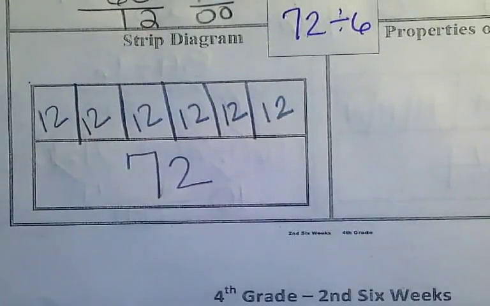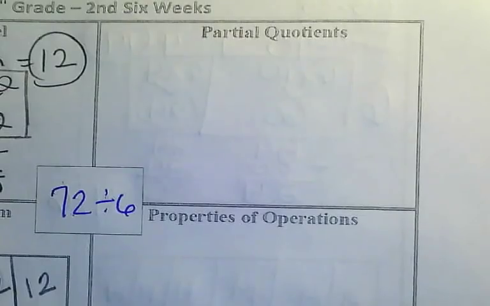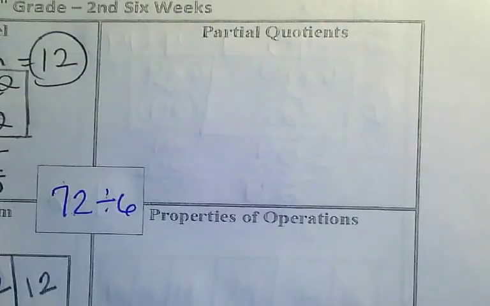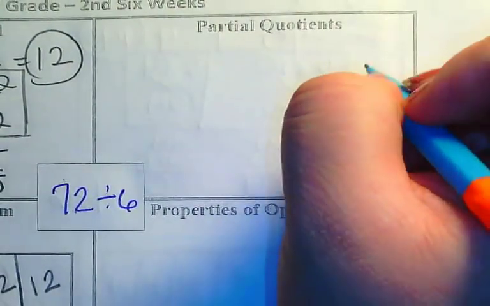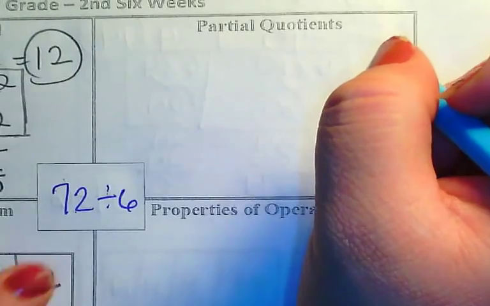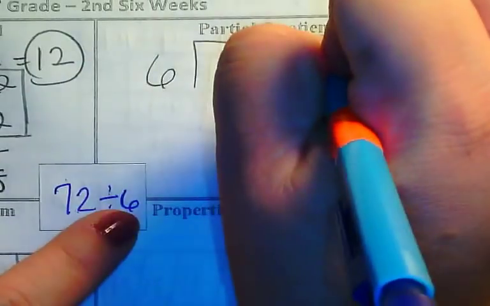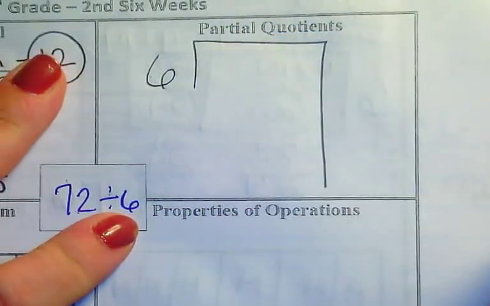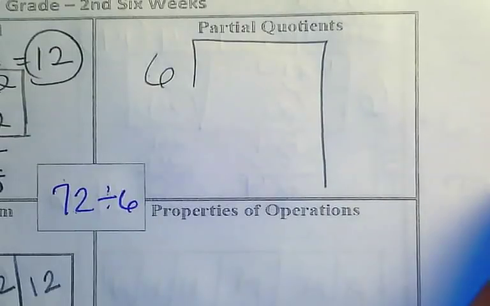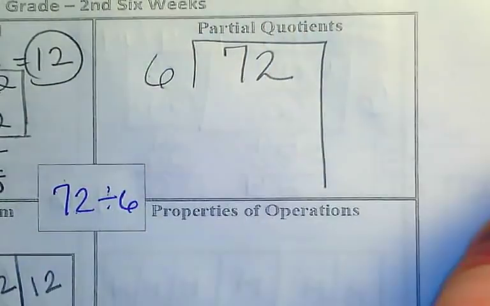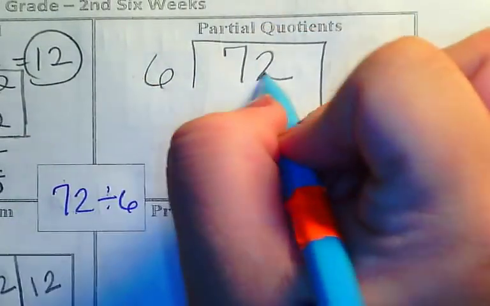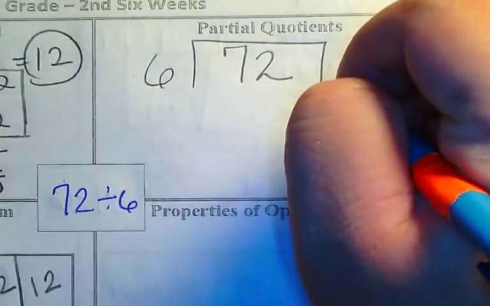Okay, the next one is your partial quotients. Remember, that's your answers, but in parts. What do we do first? You bring the divisor outside and draw a hangman. What goes on the inside? And we said that about how many groups of 6 go into 72 first? 12.